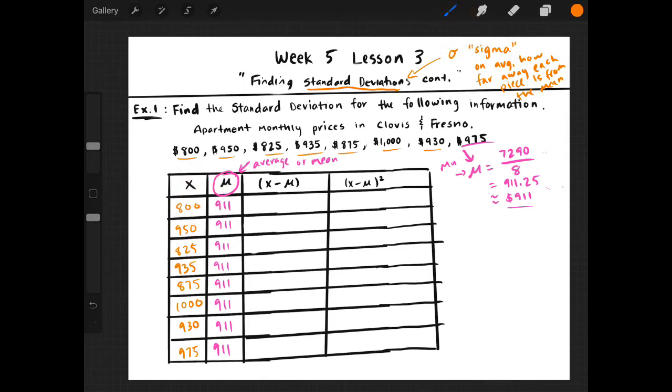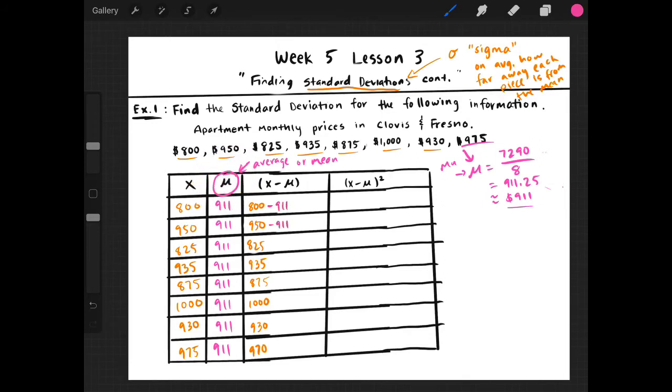I'm just going to go through and do all of our X values first. So we're 800, 950, 825. If you guys have a shorter way of doing something, feel free to do it. I'm just writing in every single step because this is the only example we're going through here.